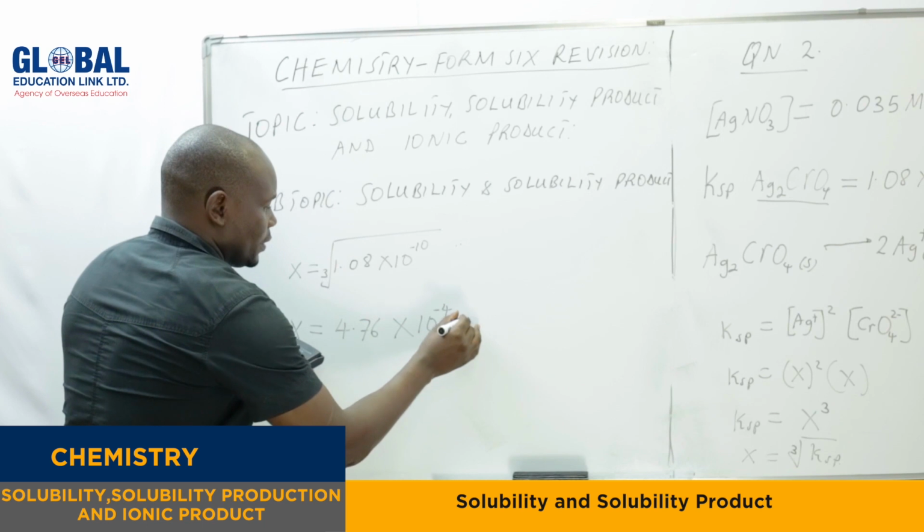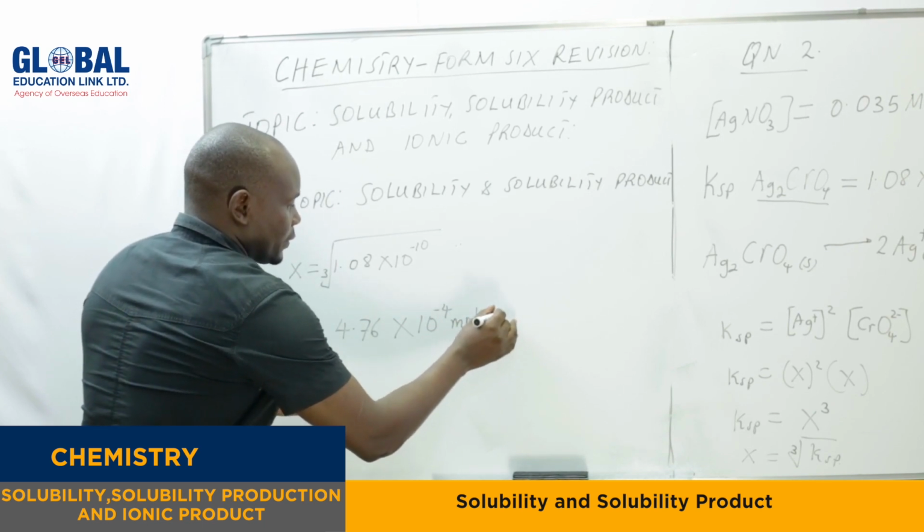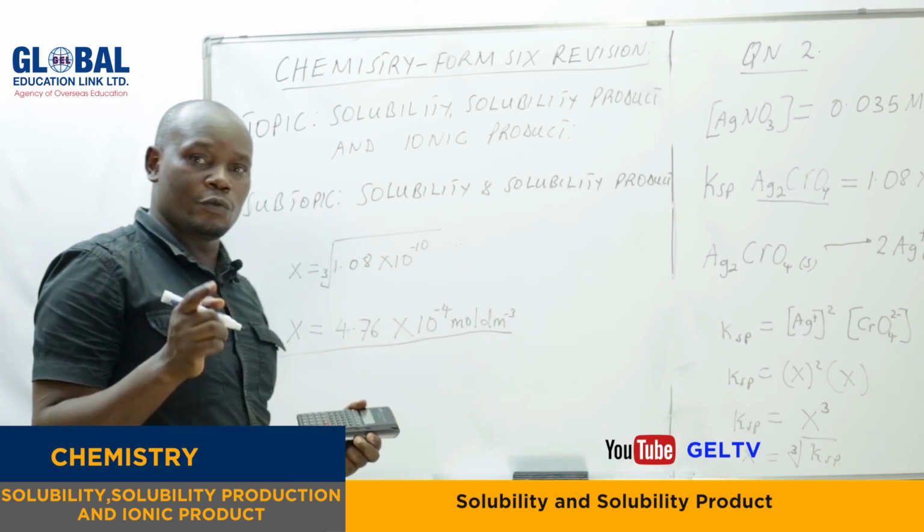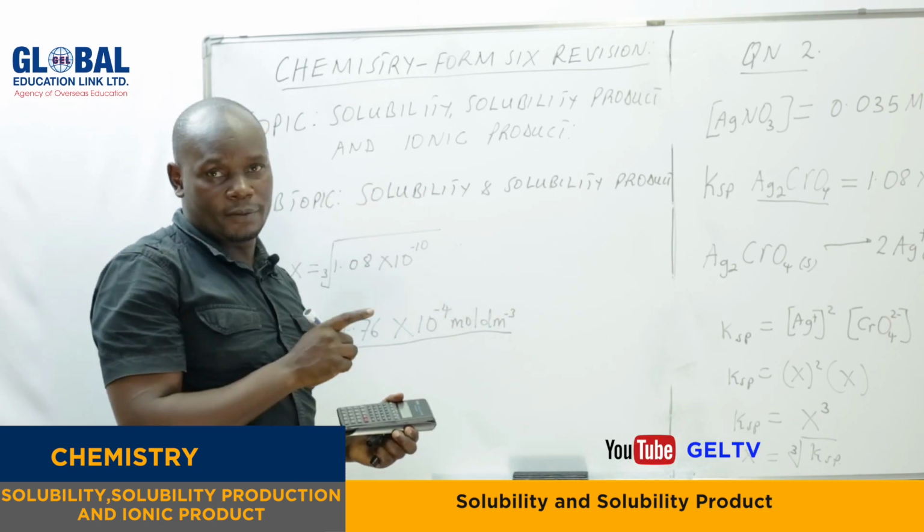So this will be moles per decimeter cubed. So that is the normal solubility of silver chromate.